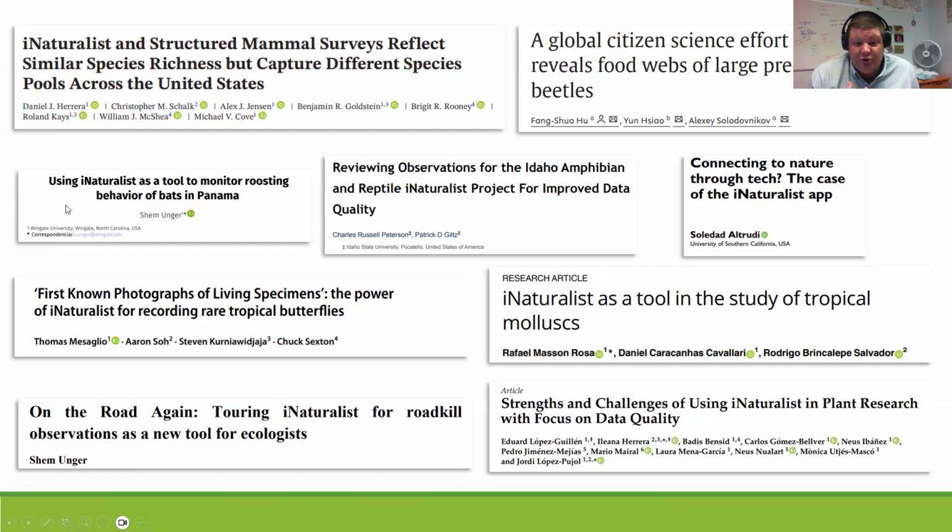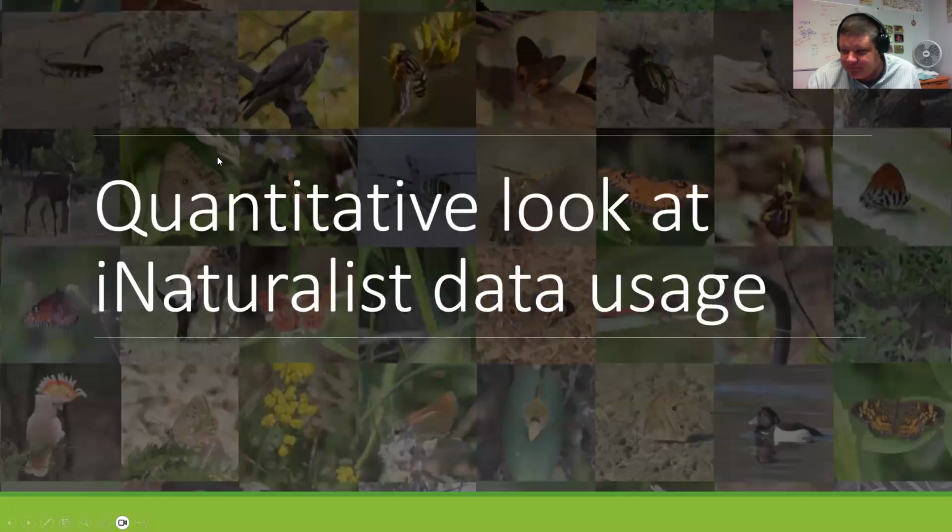And as someone who contributes to iNaturalist too much, potentially, if you ask my wife, and also uses the data from a research perspective and publishes papers with the data, I'm very familiar with these types of work. But I've been really interested in what this looks like at a really large scale.